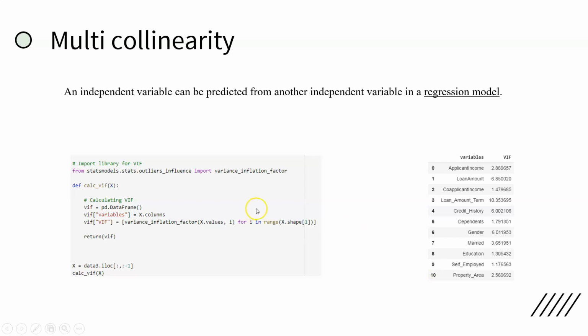If you use the preloaded library that comes with Python, you can find out the variance inflation factor in a jiffy. See the variance inflation factor for each of the independent variables. There are some variables where it is higher, like 6, 10. Many other variables, it is not so high.